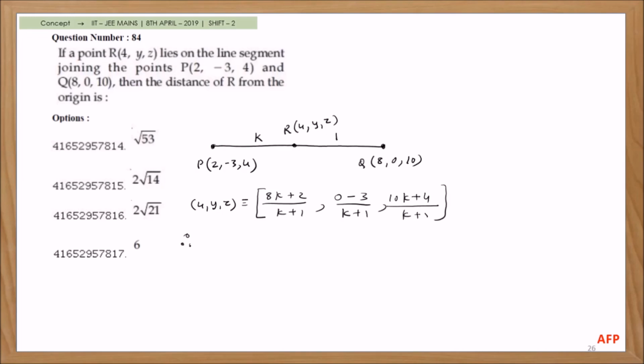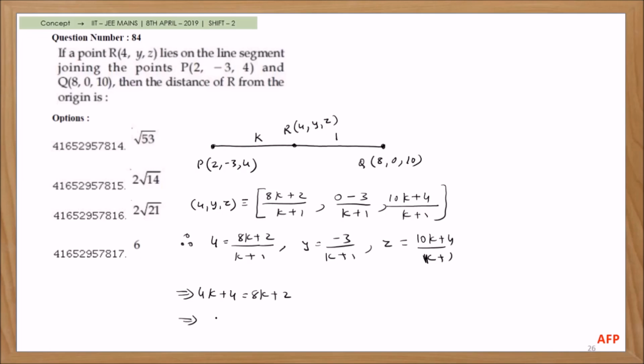We compare the coordinates: 4 is equal to (8k plus 2) divided by (k plus 1), y is equal to minus 3 divided by (k plus 1), and z is equal to (10k plus 4) divided by (k plus 1). What is the k value? Cross multiply, and k is equal to 1 by 2.